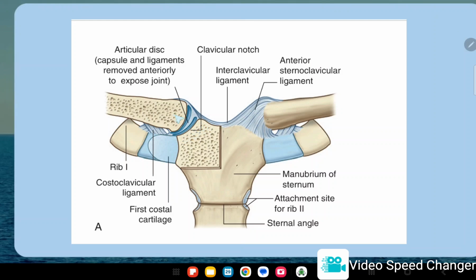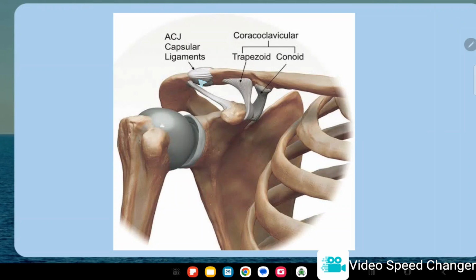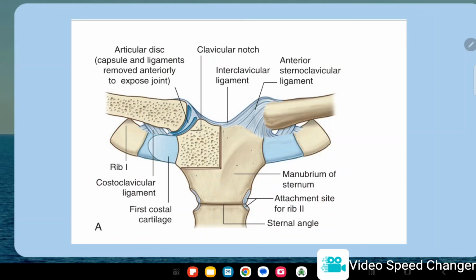To some little extent, it is just touching the first costal cartilage of rib 1. Second, the lateral end articulates with the acromion process of the scapula, forming the acromioclavicular joint.